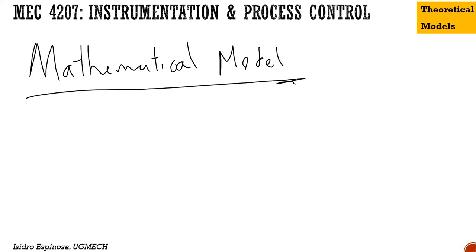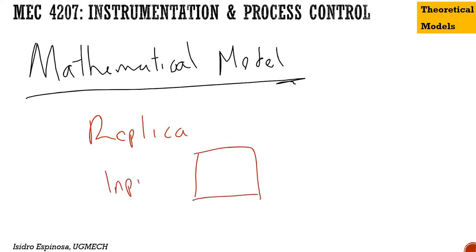A mathematical model of a system is a replica of the relationships between the input and the output or outputs.